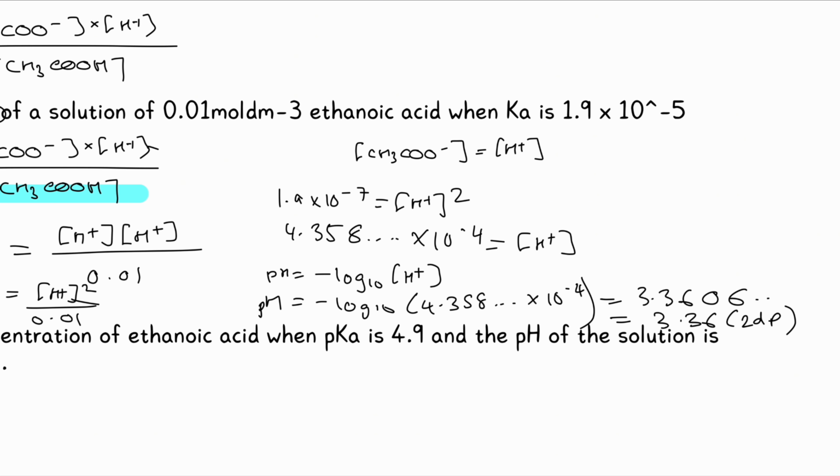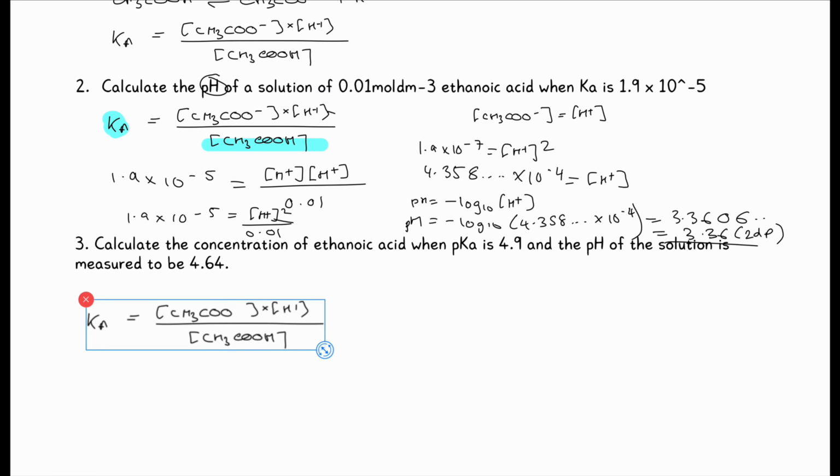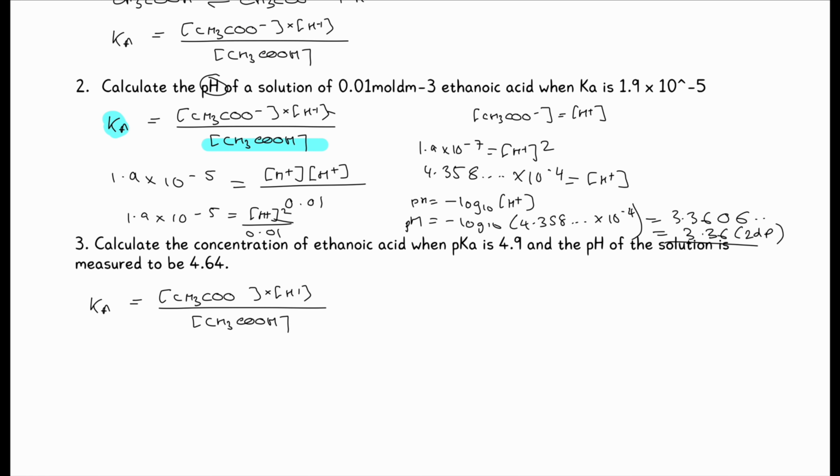Let's have a look at this next one. Calculate the concentration of ethanoic acid when pKa is 4.9 and the pH of the solution is measured to be 4.64. Now, I'm going to, again, duplicate the equation from my last question. In this scenario, we don't have a Ka value, we don't have an ethanoic acid concentration, neither do we have anything at the top.